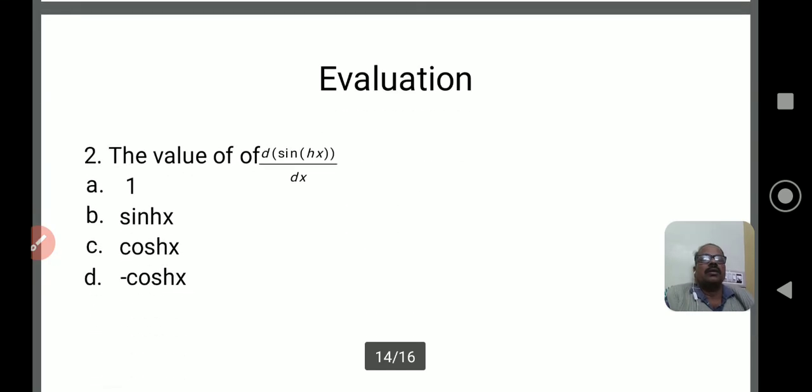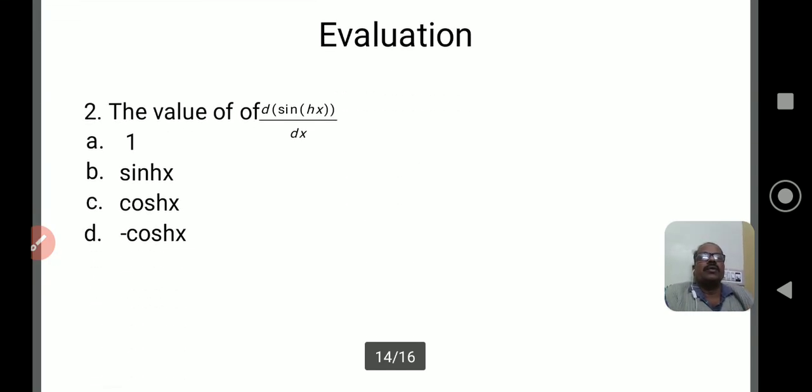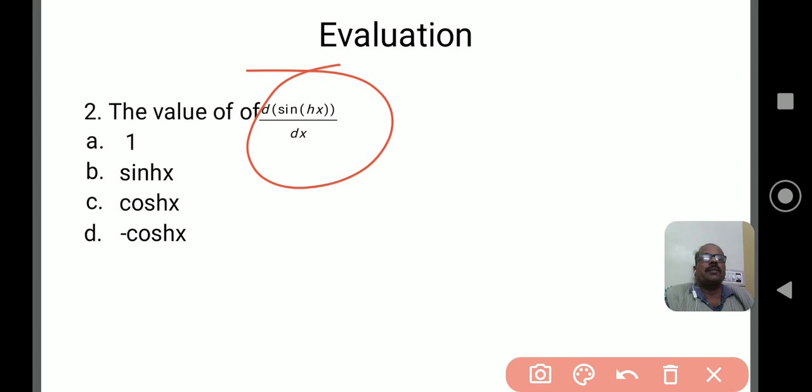Okay, next question is the value of the differentiation of sin hyperbolic x. The sin hyperbolic x is not sin x. For the derivatives of hyperbolic functions, the first 3 are positive and the remaining 3 are negative, meaning sin hyperbolic x, cos hyperbolic x, tan hyperbolic differentiation is always positive.